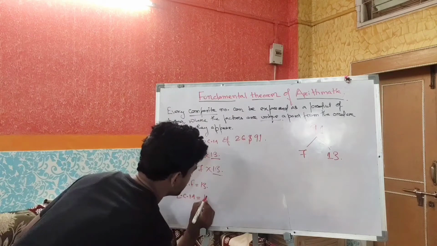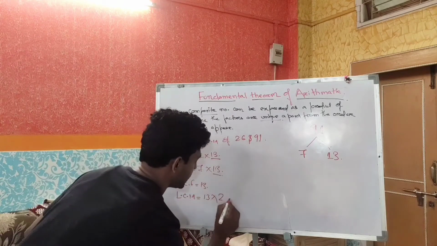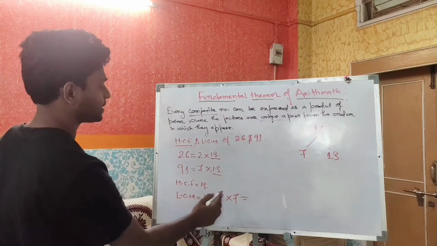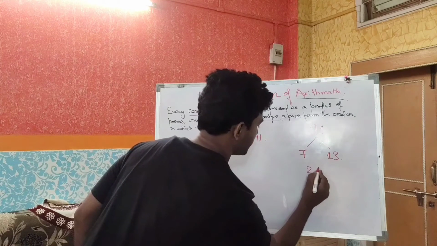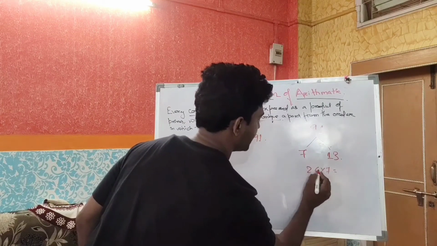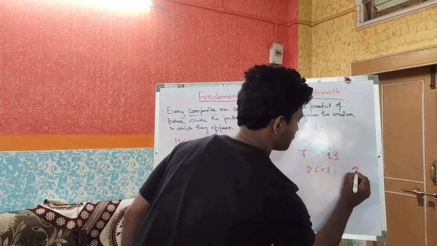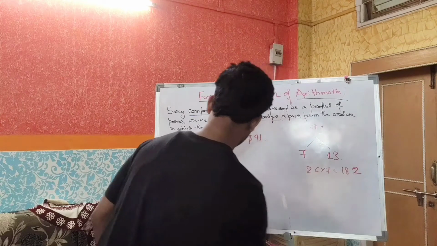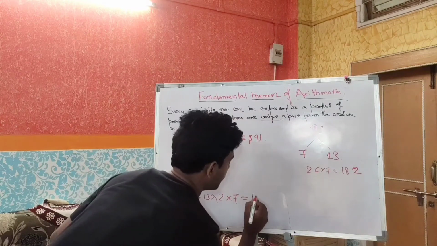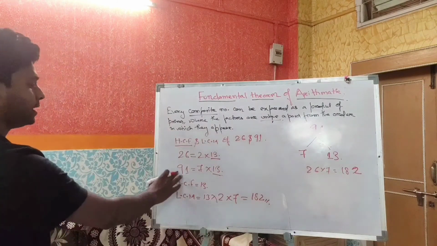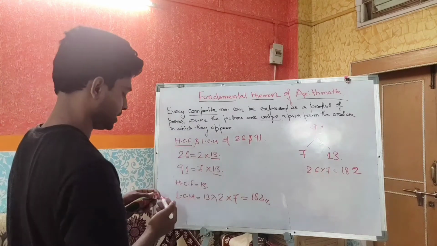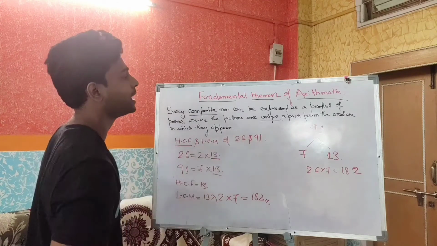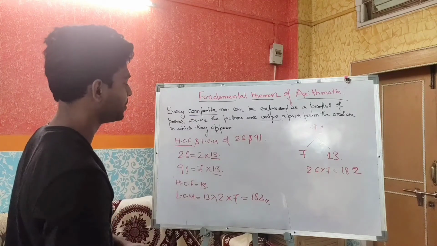So 13 is the common one, 2 is uncommon, and 7. 13 times 2 is 26, and 26 times 7 is 182. So here the HCF is 13 and the LCM is 182. We have successfully found the HCF and LCM of these two numbers by using the fundamental theorem of arithmetic.